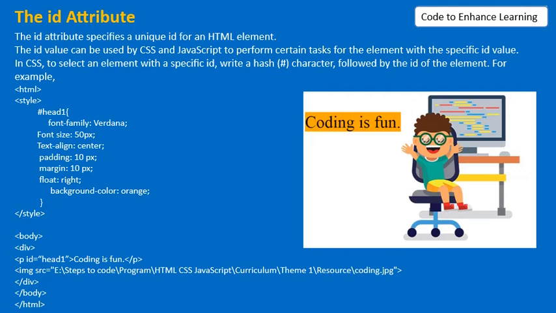In CSS, to select an element with a specific ID, write a hashtag followed by the ID of the element. For example, as you can see here, adding ID head1 to our p tag, the CSS command we write, hashtag head1, will only apply to the specific p tag containing the head1 ID instead of all the p tags in the page.